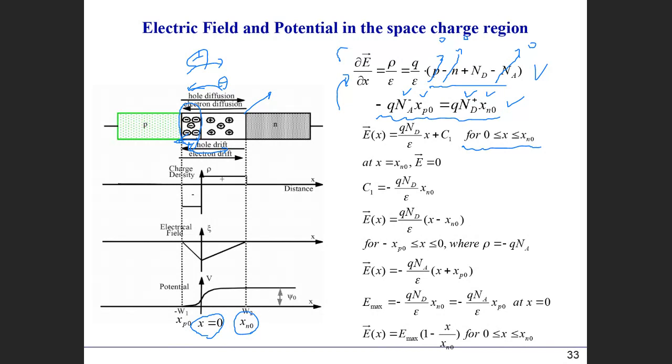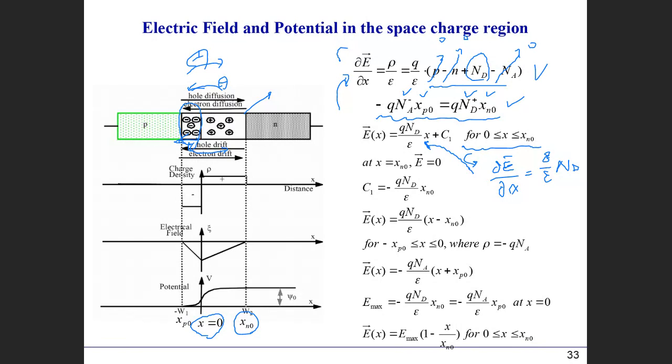Over there you have only Nd, right? So the equation to solve is that the electric field derivative is going to be q over epsilon times Nd for this particular region. If you solve this and integrate the equation, you get this solution.